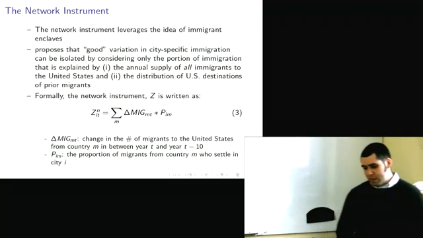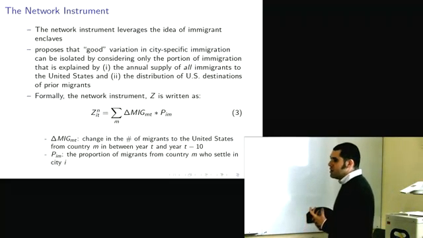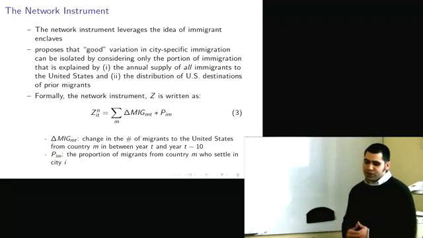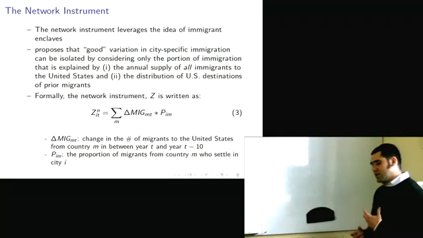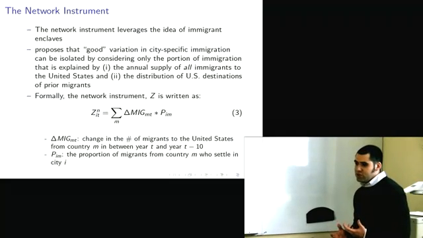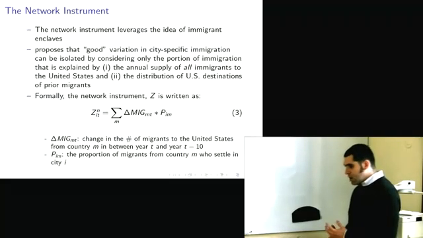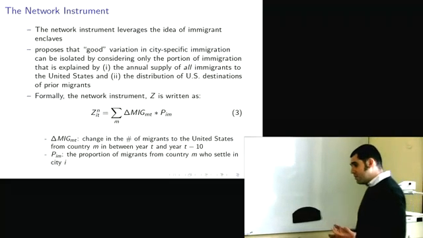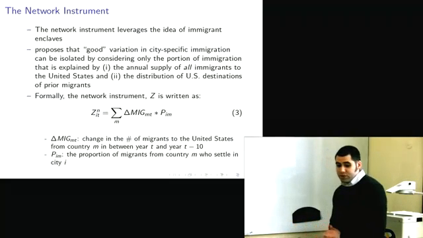So what this network instrument is about is it's leveraging this empirical regularity about immigration, and that is the fact that immigrants from particular source regions tend to settle in destination regions in the US where there is already a community of immigrants from that source region. So for example, if I am an immigrant from Vietnam, there's a pretty good chance that I will settle in Houston, where there's already a large Vietnamese community.